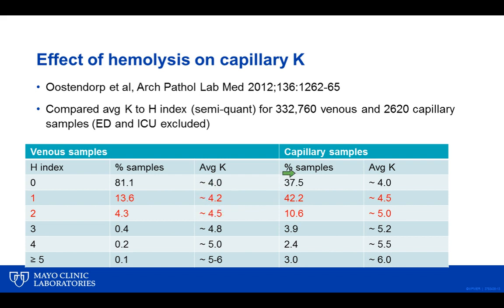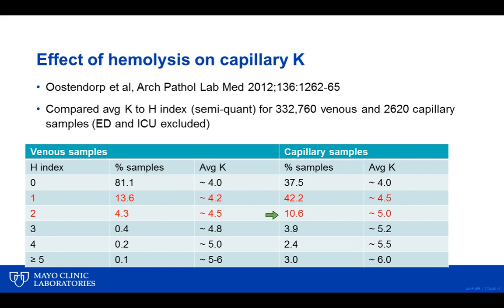You look at capillary samples, you can see that the distribution is different, so less than 40% of samples had no hemoglobin at all, and half of samples had a semi-quantitative 1 or 2, a mild amount of hemolysis. But the most interesting thing to me is the change in potassium with the same amount of hemolysis. Potassium average went from 4 to 4.5 in the capillary samples compared to 4 to 4.2 in the venous.